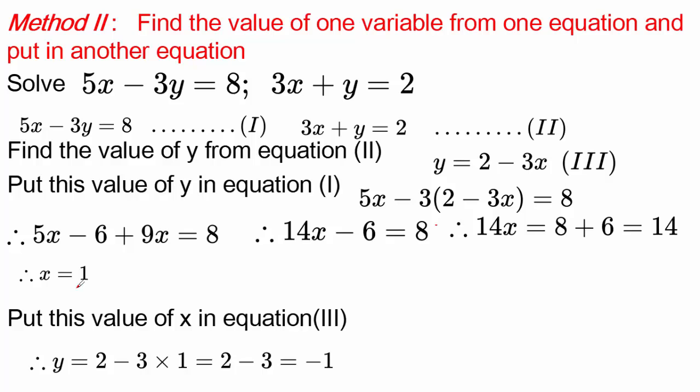What will we get? y equals 2 minus 3 into 1, which is 2 minus 3, that is equal to minus 1. Thus, we obtain x equals 1, y equals minus 1, and hence the solution of the system of equations is (x, y) equals (1, -1).